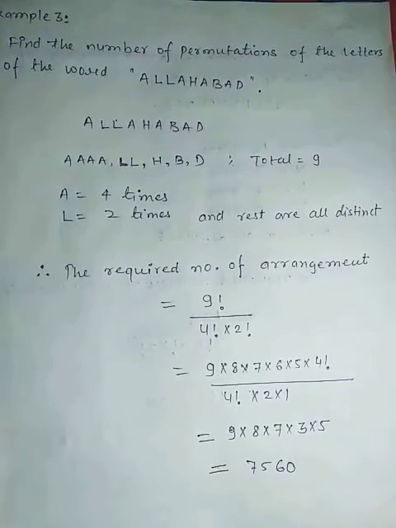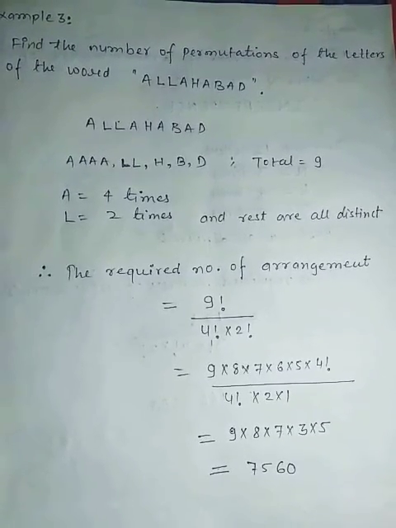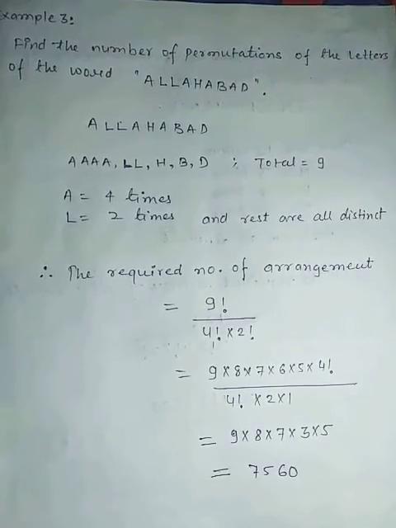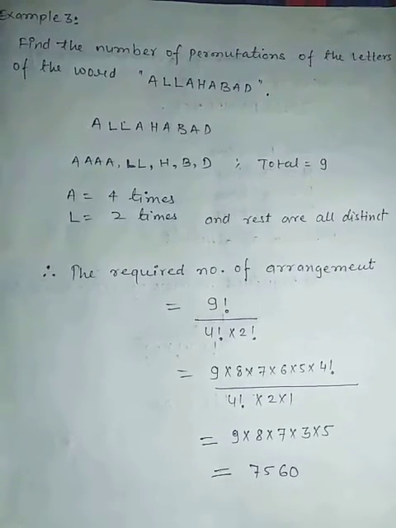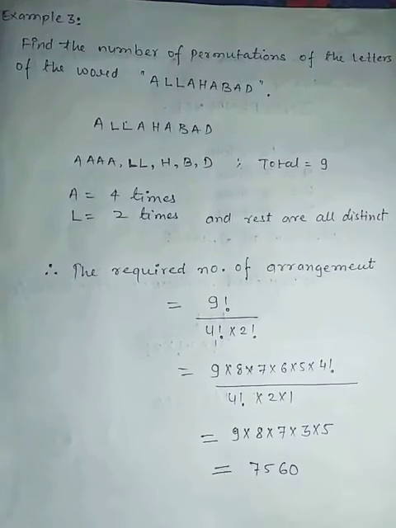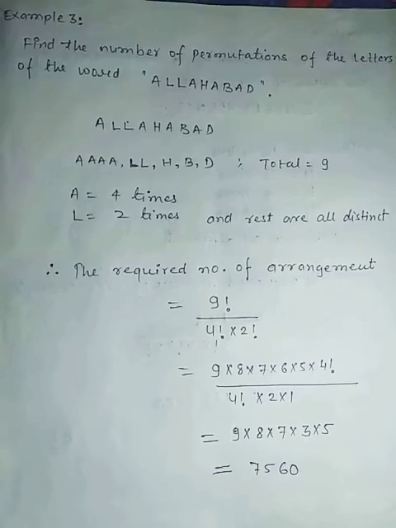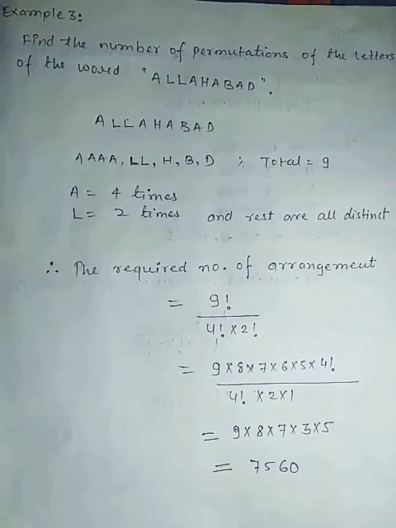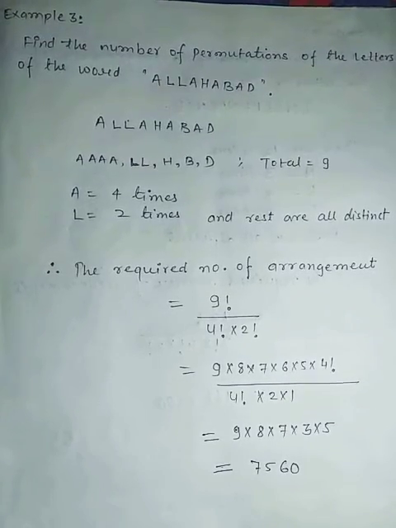Therefore, the required number of arrangements equal to 9 factorial by 4 factorial into 2 factorial, and after simplifying we get the answer is 7560.